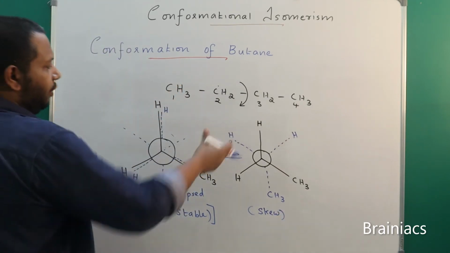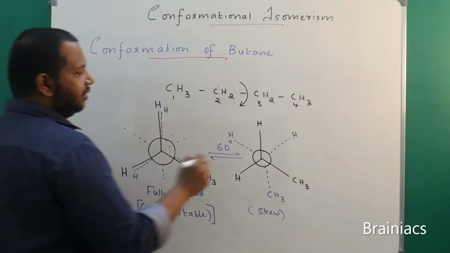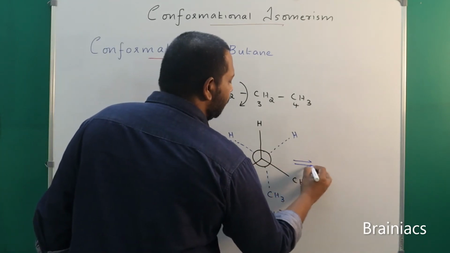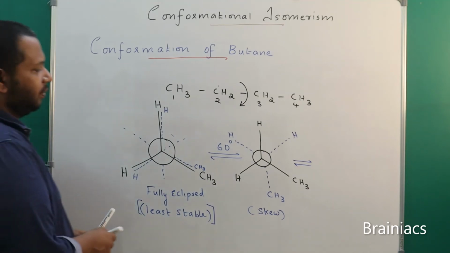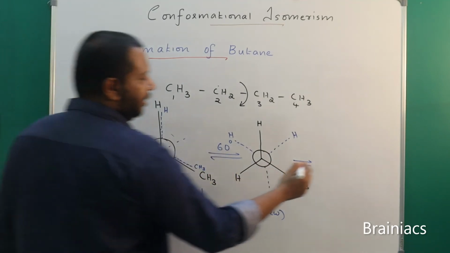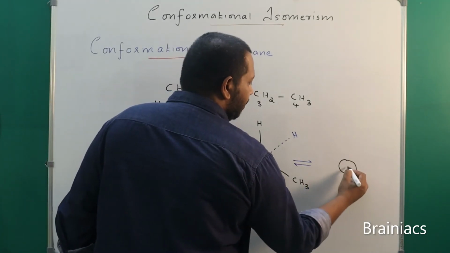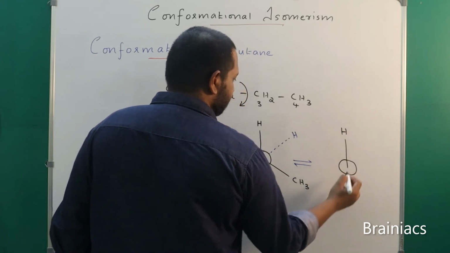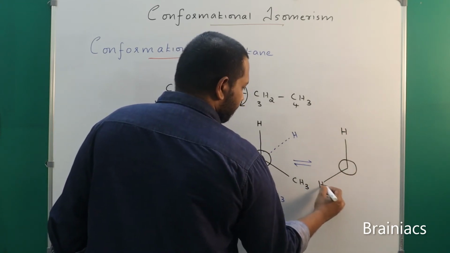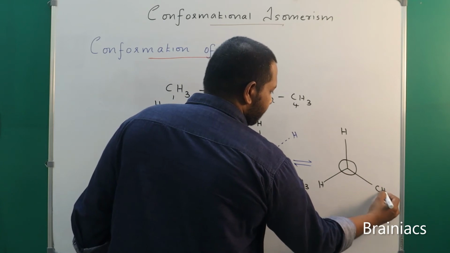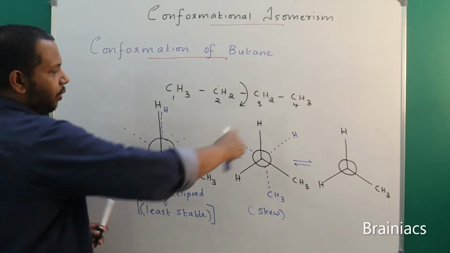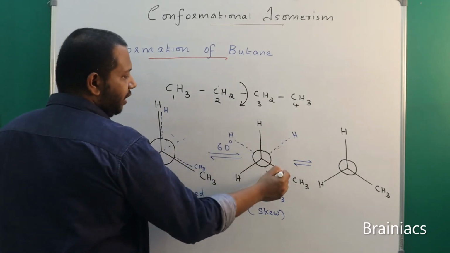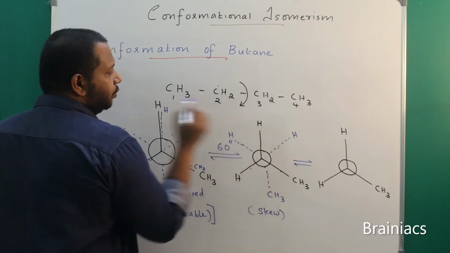Now rotate it one more time by 60 degrees. What will happen? You will get another form. We fix this hydrogen and CH3 here. When you rotate 60 degrees clockwise again, this will move here, this will move here, and this will move here.